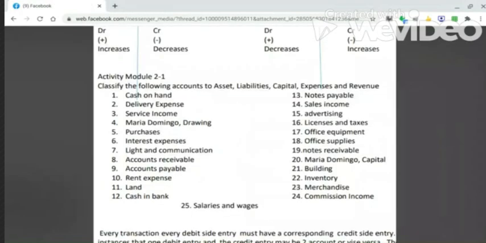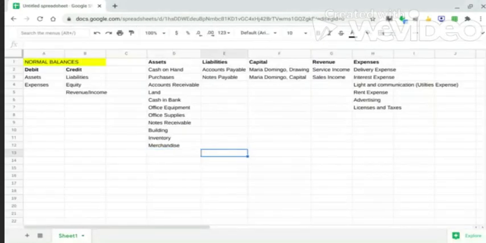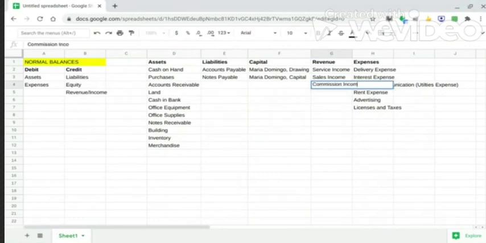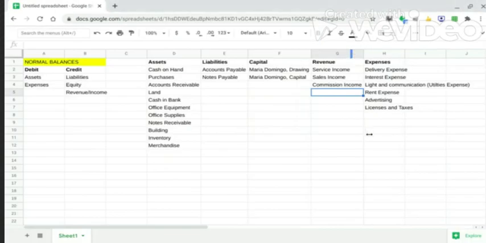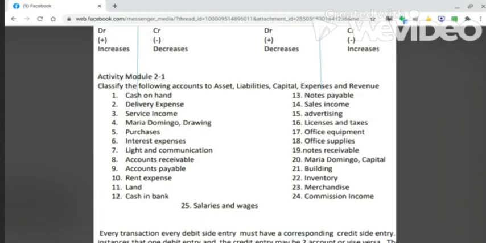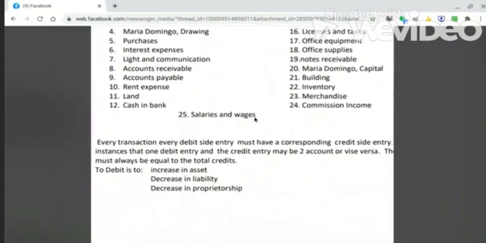So, bakit kaya pinaghiwalay ito? Anyway, commission income. So, ilalagay natin yan dito sa revenue. Commission income. And lastly, the salaries and wages under expenses. Salaries and wages. So, yun yung mga account classification niya.